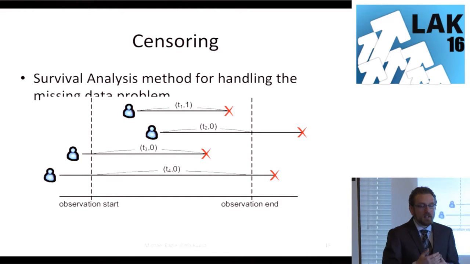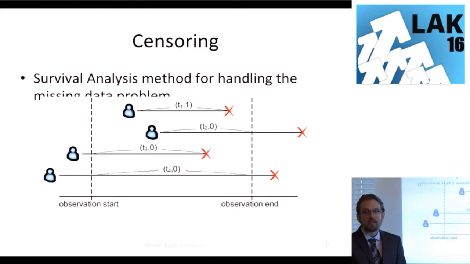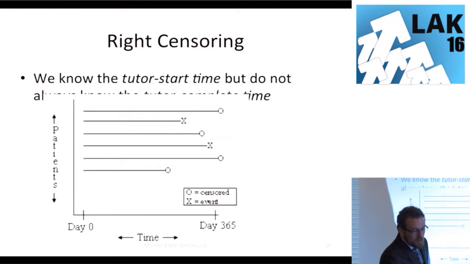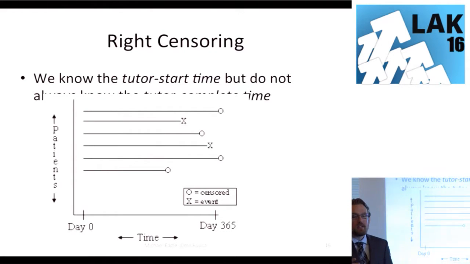And it's nice that it takes that into account. This helps us address some of the biases that we'd have if we just dropped off those data points. In our case, almost everything's going to be right-censored because we always know when people start. But sometimes we don't know how much longer it would have taken someone to quit if they quit early. And that's kind of what we're looking for.